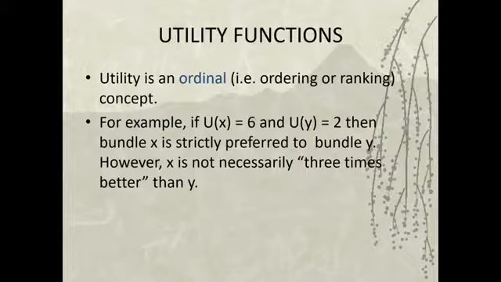So utility function, in our analysis, has always been understood in ordinal terms. That is, utility is an ordering or ranking concept, rather than a cardinal one, like one utility, two utility, three utility. This is called the cardinal utility function, and in the choice framework we largely use the ordinal or ranking method.